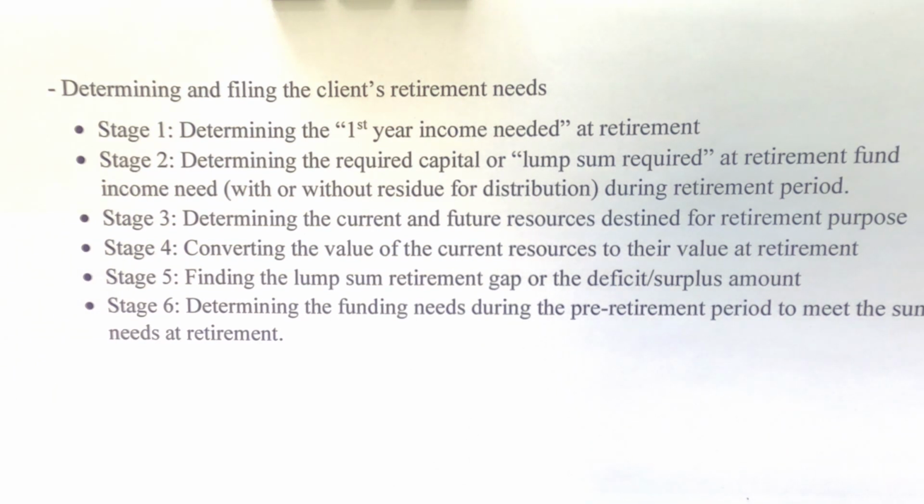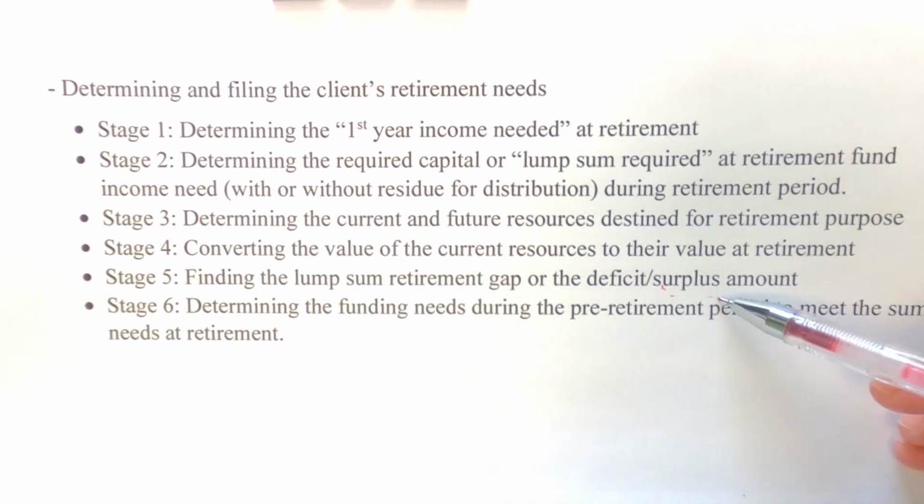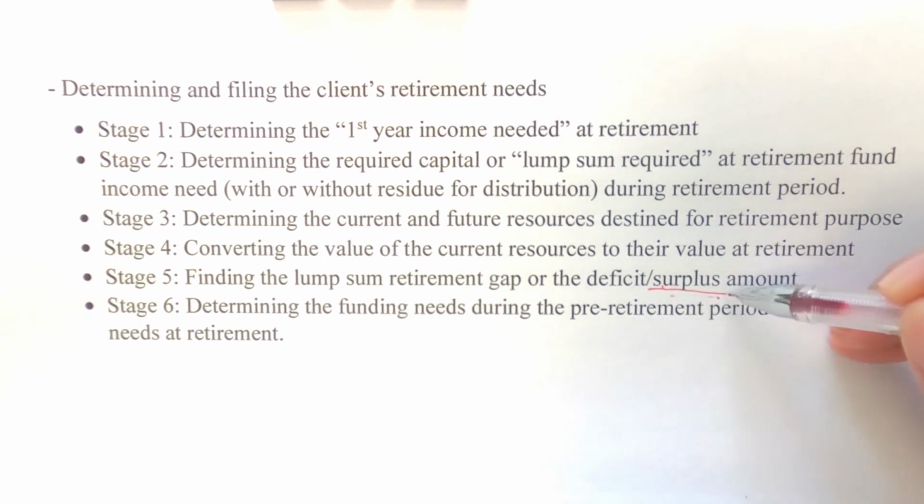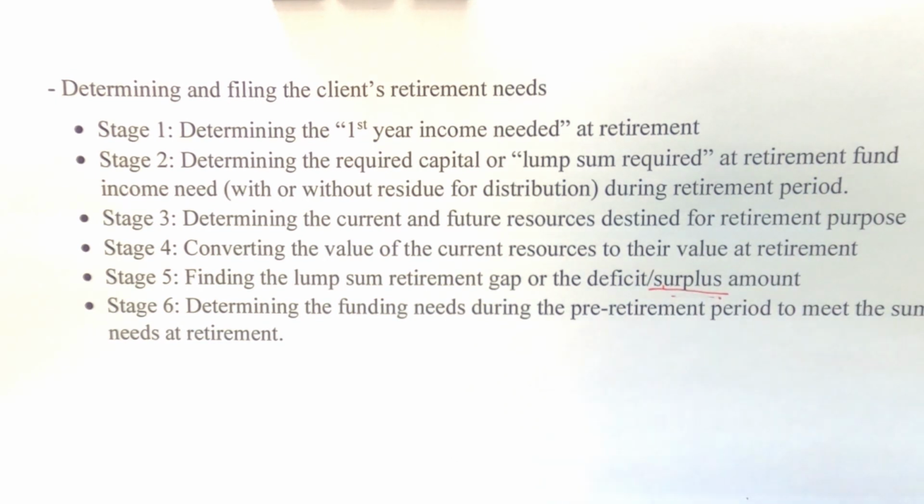Stage 3 is determining the current and future resources destined for retirement purpose. Stage 4, converting the value of the current resources to the value at the retirement. Stage 5, finding the lump sum retirement gap or the deficit or surplus amount. And stage 6, that will be the final stage, is determining the funding needs during the pre-retirement period to meet the sum needs at the retirement.